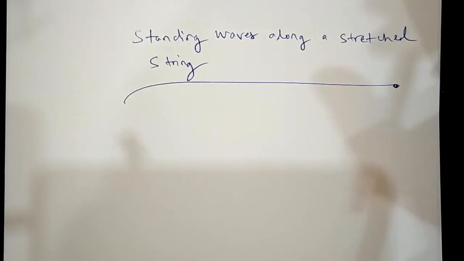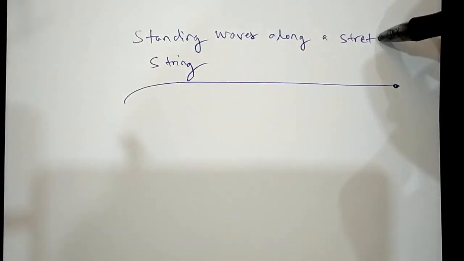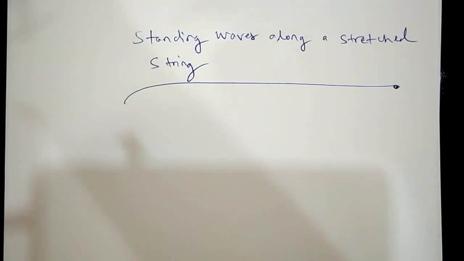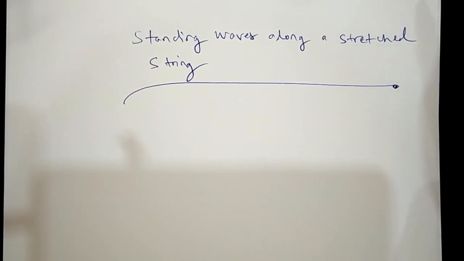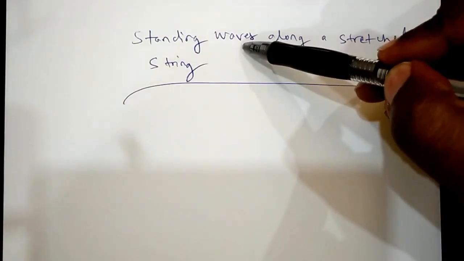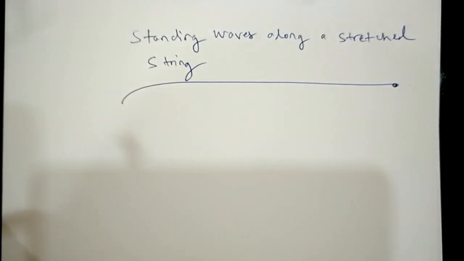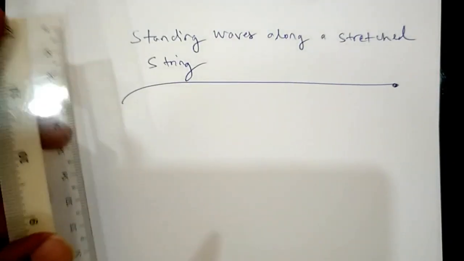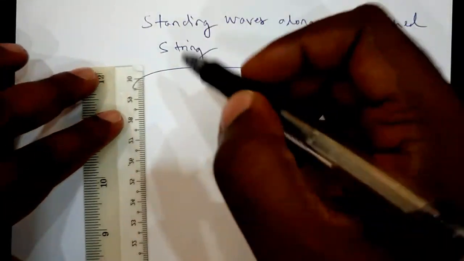Let us see standing waves along a stretched string. In musical instruments, sound is caused by standing waves. Let us see an example of a stretched string in a guitar.